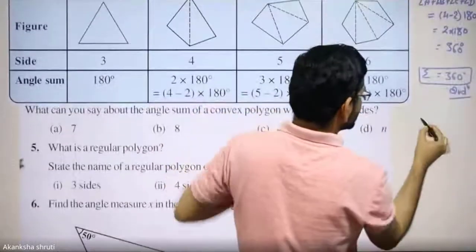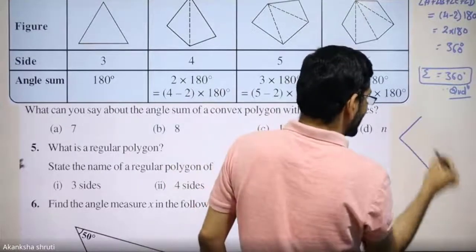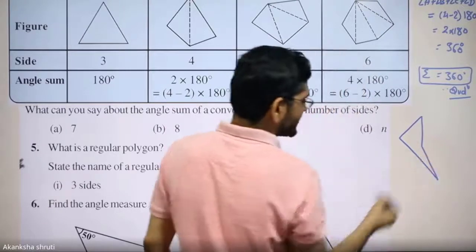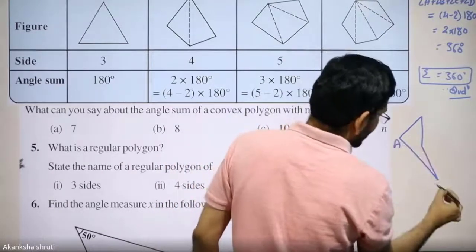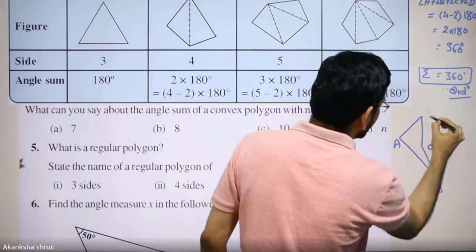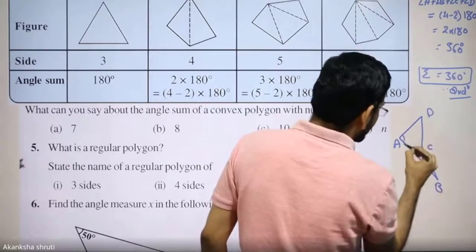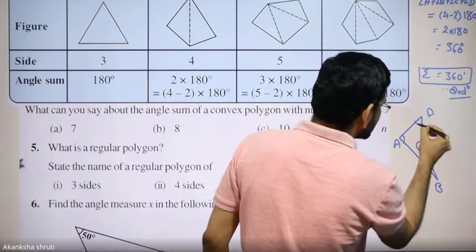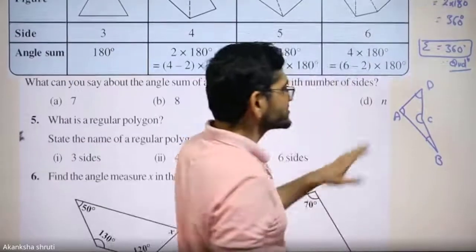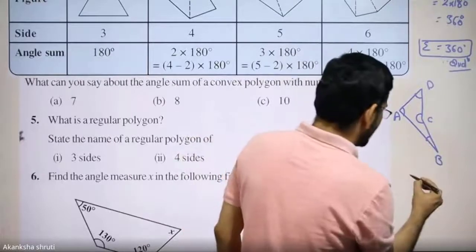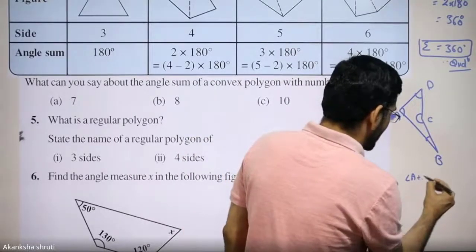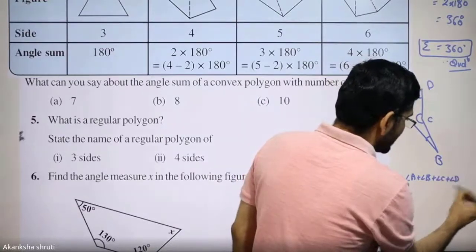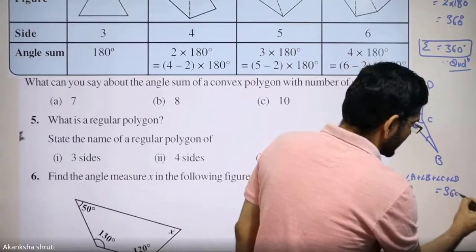Even if we consider a concave quadrilateral, where one of the angles is reflex, let us consider this as A, B, this as C and D. Then this is angle A, angle B. In this case, this is the angle C and this is the angle D. Students, still in this case, you will get that the sum of all the internal angles is still your 360 degrees.